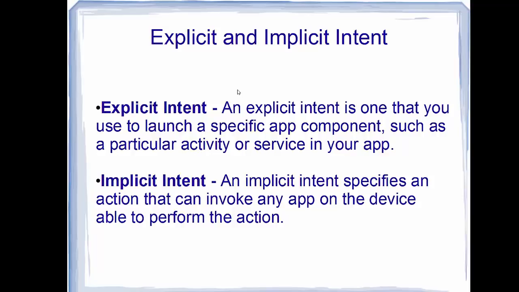So with explicit intent, you are able to invoke an activity within your app. And with implicit intent, you can invoke an activity or some component of the activity from the other app which is present in your device. So let's get started and see how we can use implicit and explicit intent in Android.